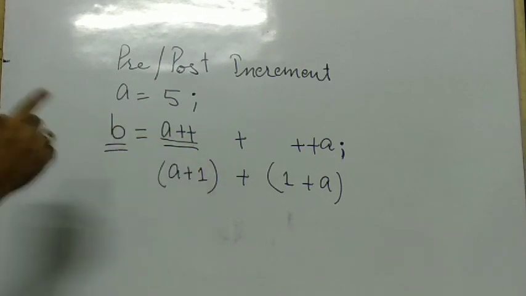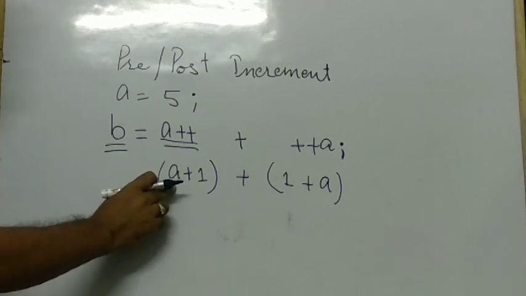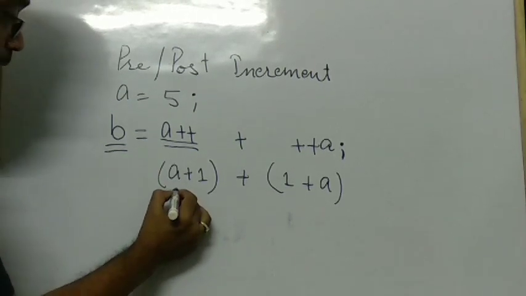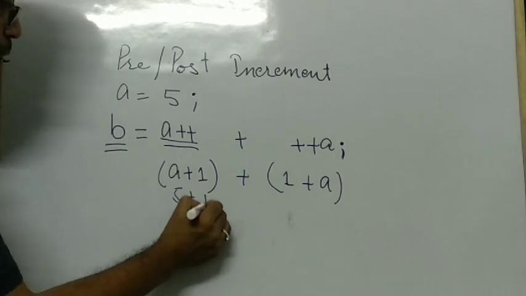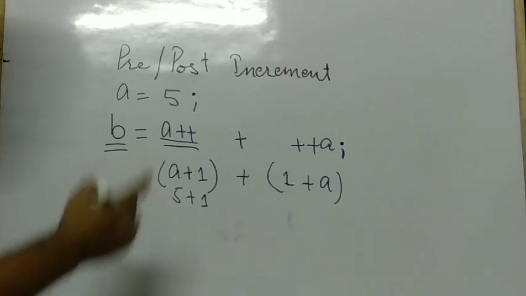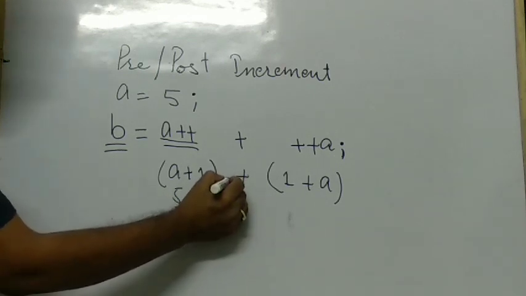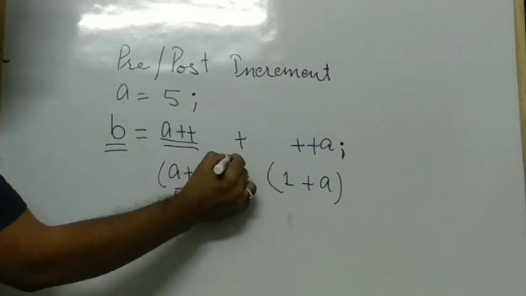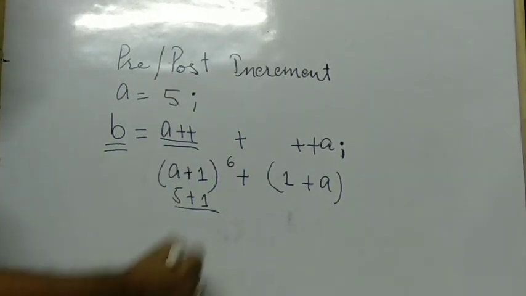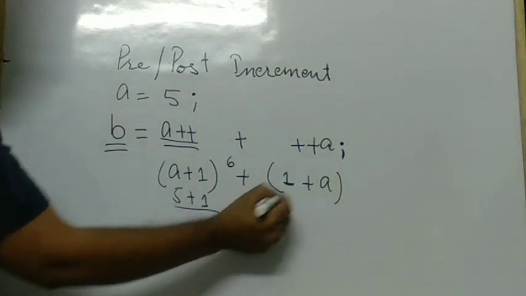Now, what I said here, this one is post-increment. So read the first value, which is 5. Put the value 5 plus 1. Don't proceed further, solve this one first. So 5 plus 1 is 6, and the changed value 6 appears there. Now this one, 1 plus a.